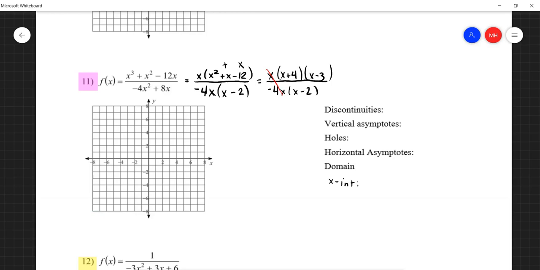And now we're going to set the numerator equal to 0. So we have x plus 4 equals 0 and x minus 3 equals 0. If we solve both of those, we're going to get that x is equal to negative 4 and x is equal to positive 3.